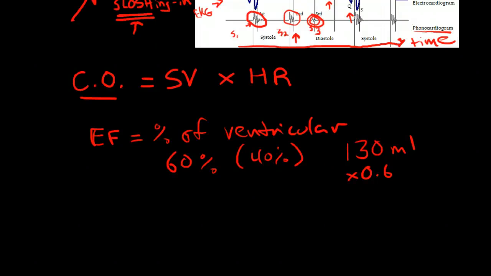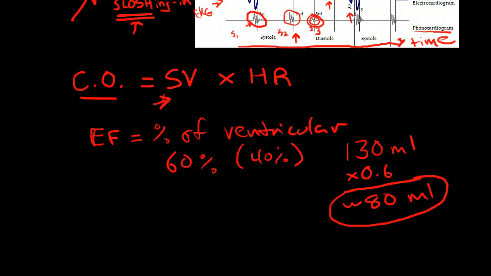That gives you a value of 78 if you do it exactly, but around 80 mLs. So again, the stroke volume represents the volume that is actually squeezed out of the heart with each heartbeat.